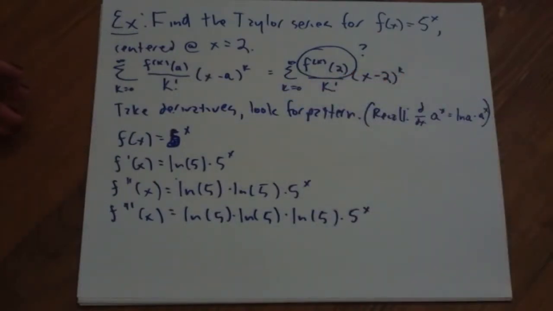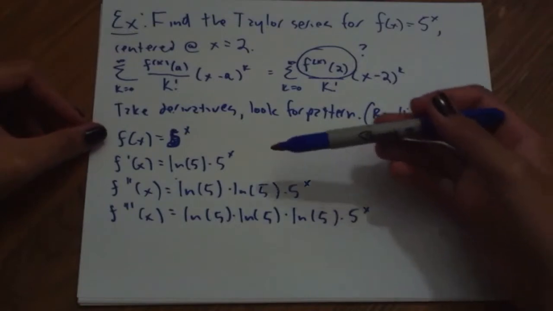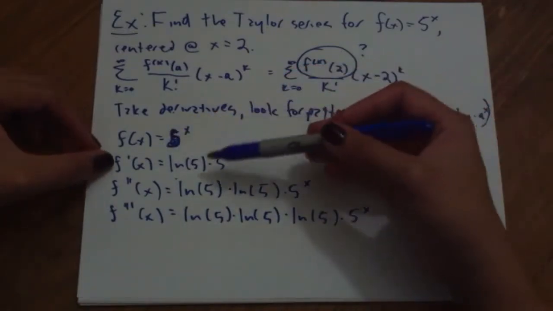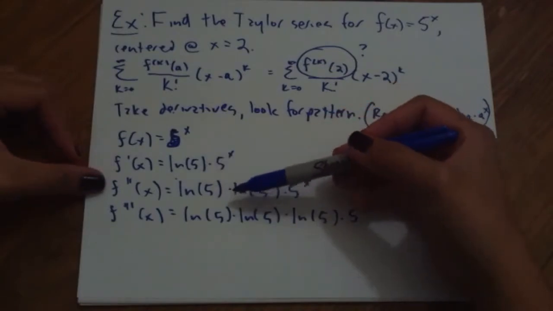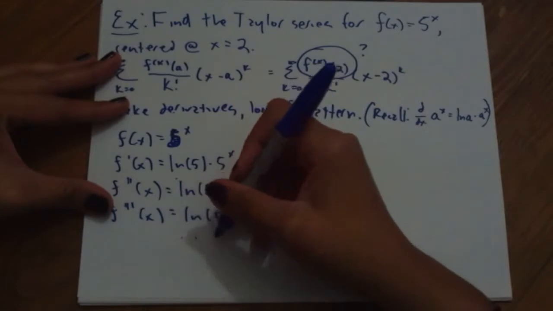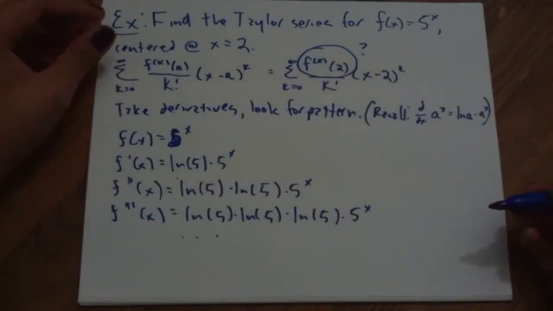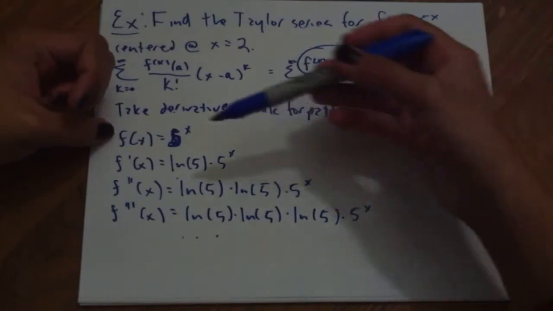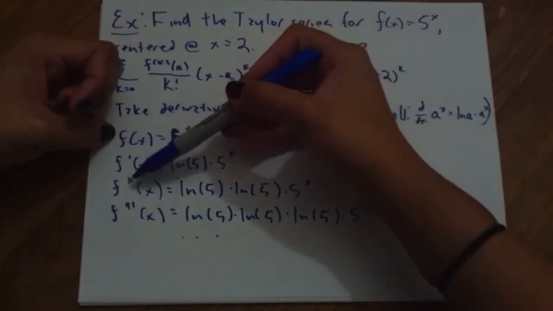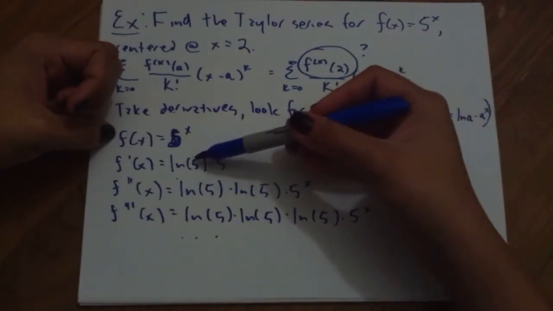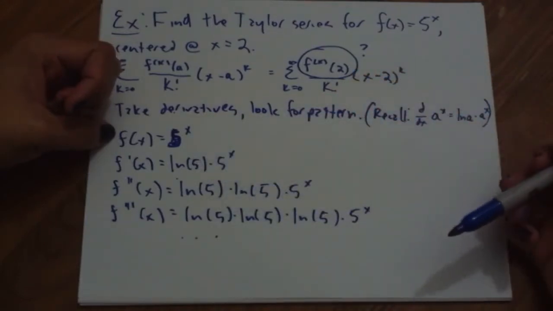We said we're taking derivatives and looking for the pattern. Hopefully the pattern's pretty clear here. We started out with 0 copies of this natural log of 5 as our coefficient. On the next round we had 1, on the next round we had 2, on the next round we had 3. So if I'm looking for a general pattern, whatever derivative I'm taking, 0th, first, second, third, etc., this dictates how many copies of natural log of 5 I have.